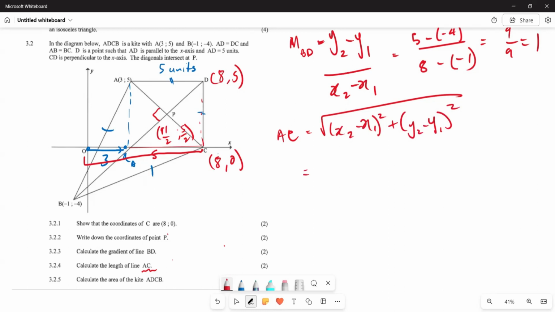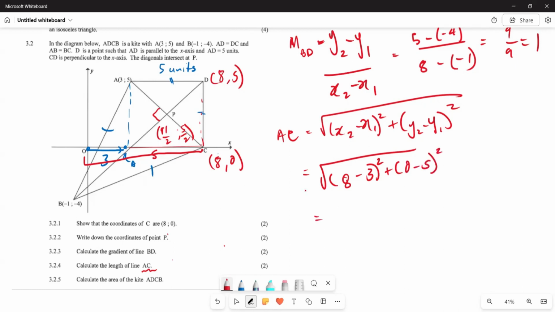Now, what is going to be this? For the x2 here, you can decide which one you want to make this. Let's say I make this my 8. So 8 subtract 3 squared plus this other one, 0 subtract 5 squared.